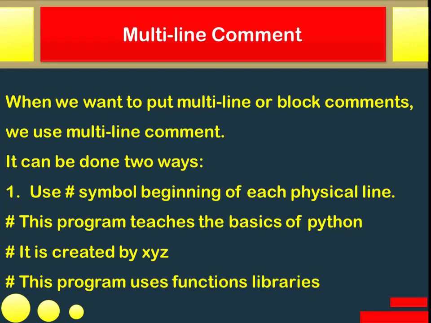Here there are three line comments, and you could see the hash symbol is placed at the beginning of each line. So this is one way to use a block comment or multi-line comment.